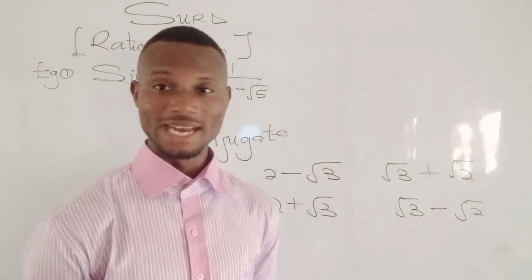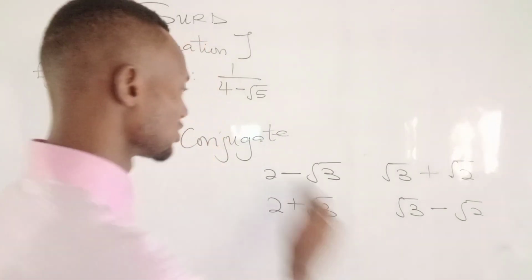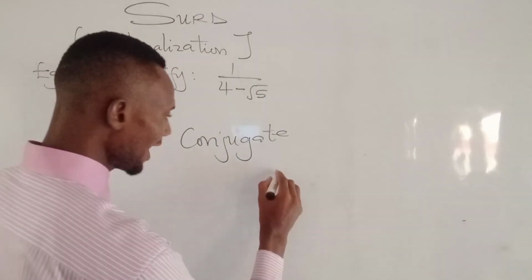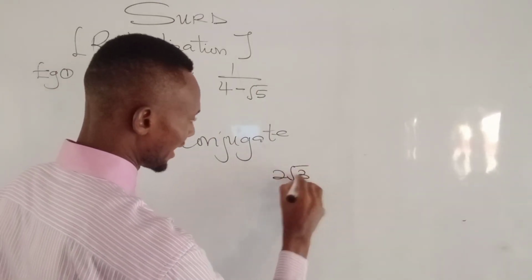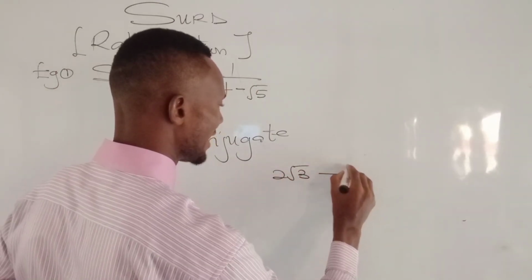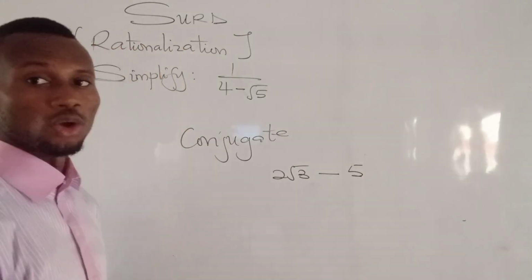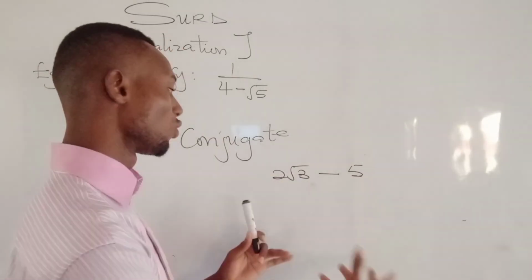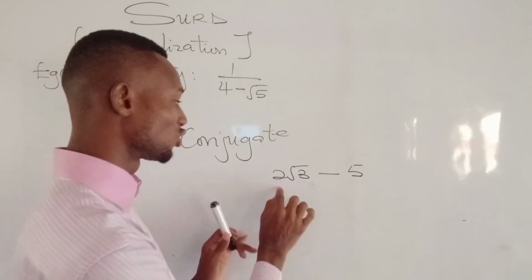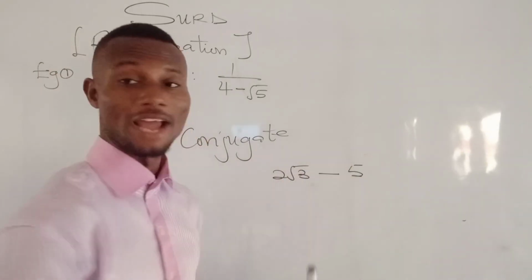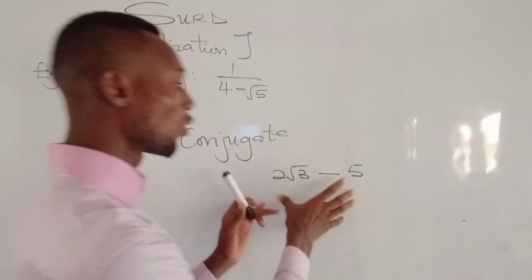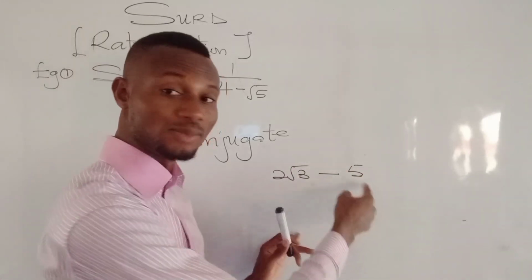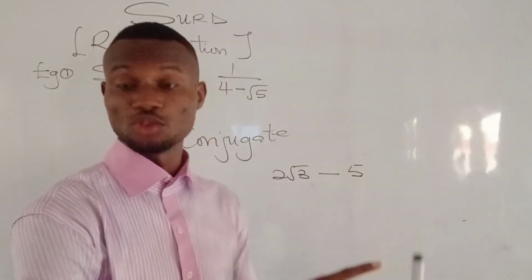Let's try the last example, then we proceed. Now if I have, let's say, 2 root 3 minus 5, and I want the conjugate of this. We repeat the same thing, but the sign in between them we change to the opposite.